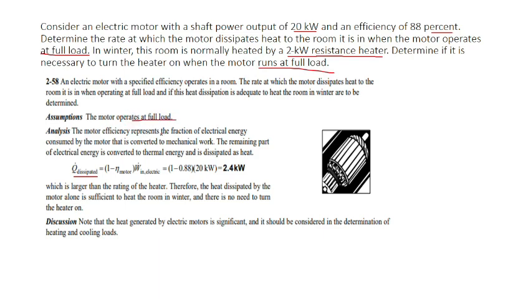The motor efficiency represents the fraction of electrical energy consumed by the motor that is converted into mechanical work. I told you earlier, efficiency is output over input. So you are putting in some electrical energy.